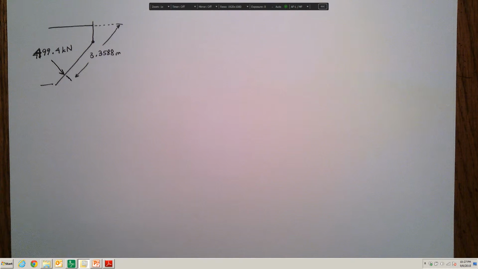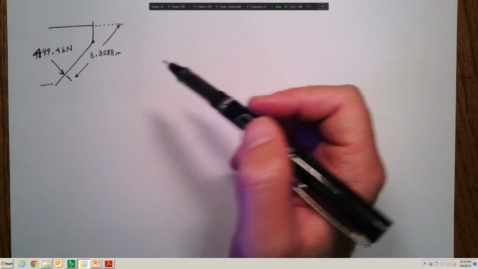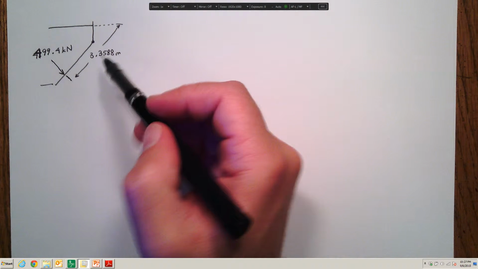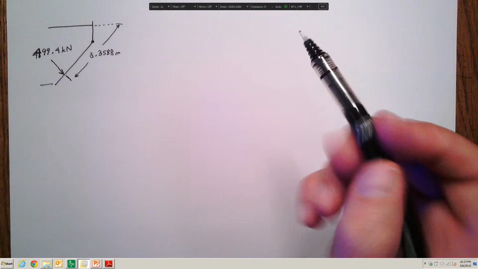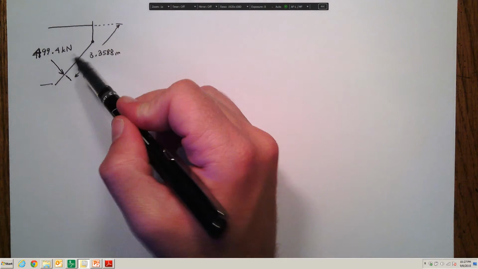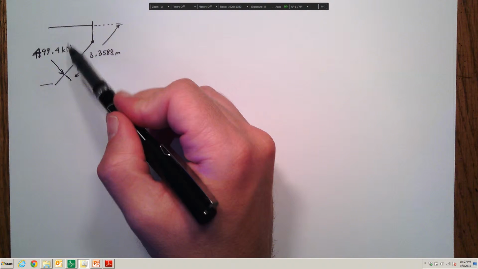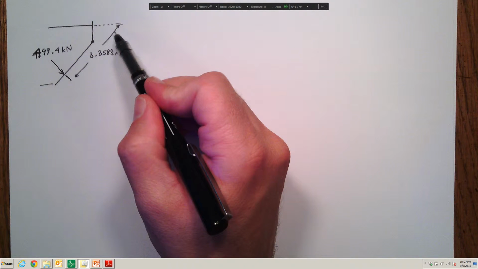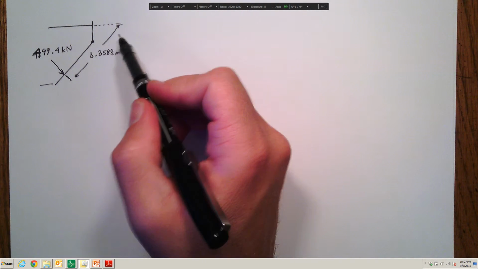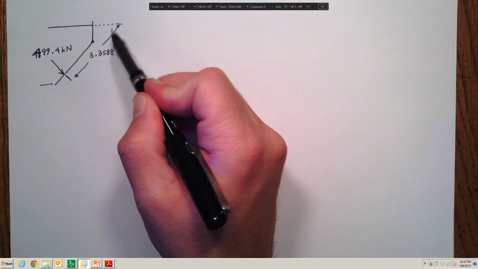Now that I know the magnitude of the force and where it acts, my next step is to apply a static analysis to determine the amount of force required to start opening this gate. We have almost 500 kilonewtons due to the hydrostatic force of the water, and it acts 3.36 meters from the free surface of the water.